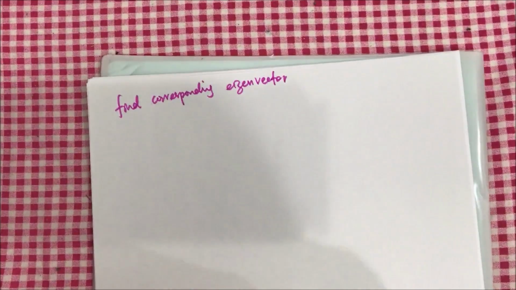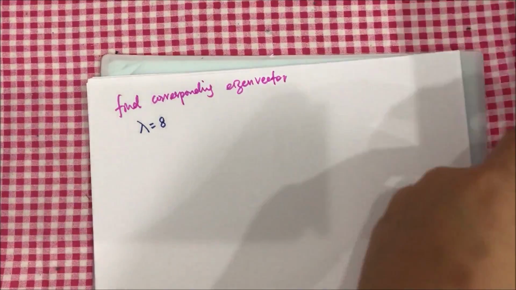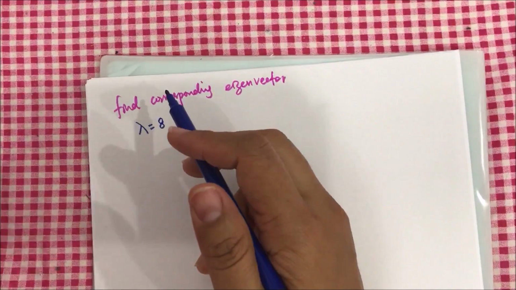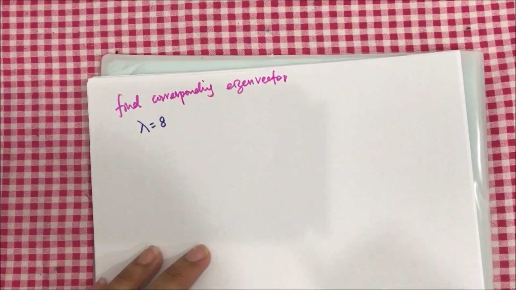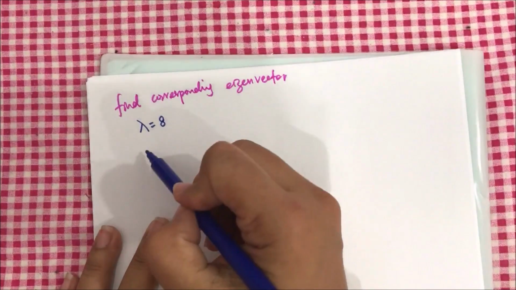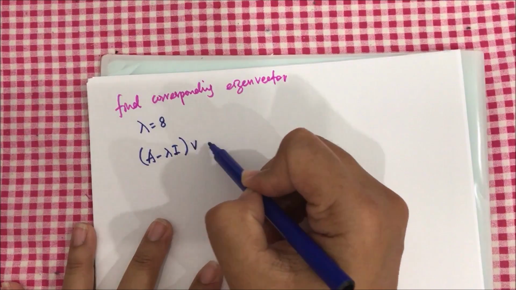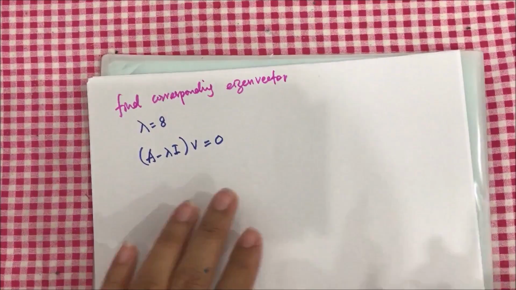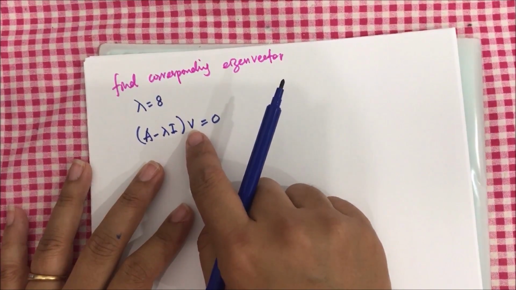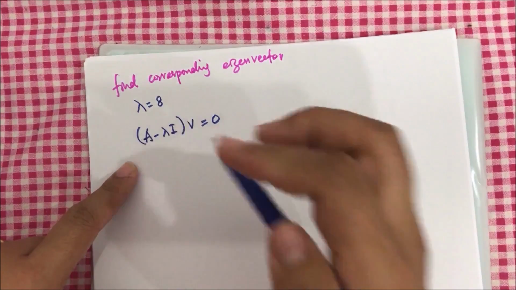So for the eigenvalue equal to 8, we have to find, remember, the equation we had just now: A minus lambda I times v equals 0. This is the formula that we want to solve in order to find the eigenvector v.